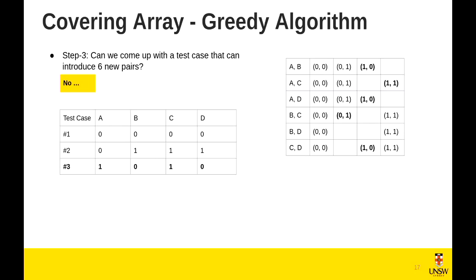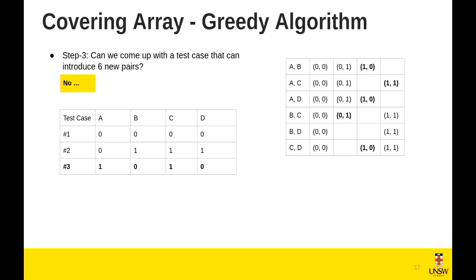And then for C and D, we have to choose from 0, 1 or 1, 0, because if we don't want to waste effort, 0, 0 and 1, 1 have already been seen before. Let's assume we use 1, 0 here.